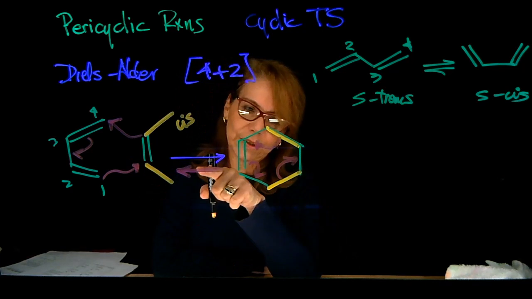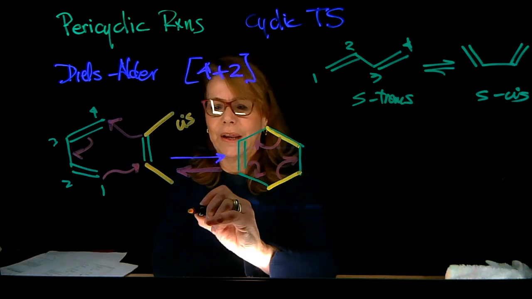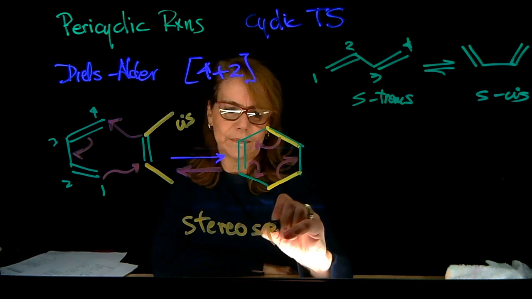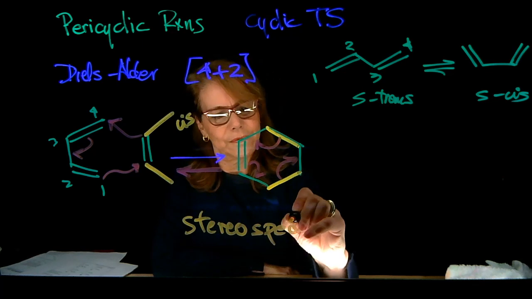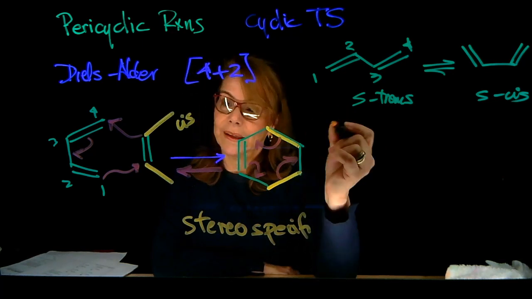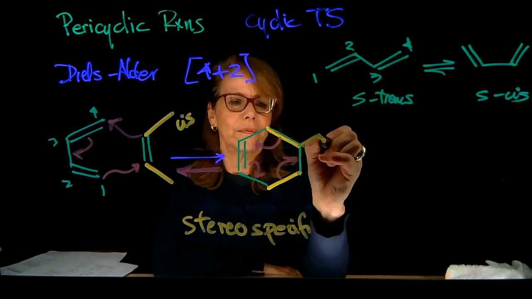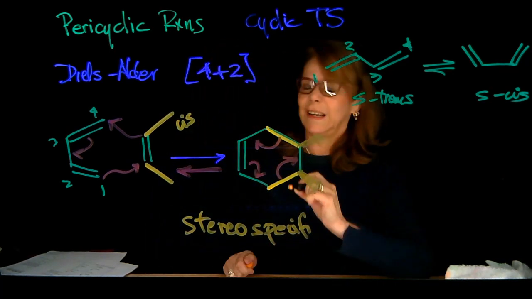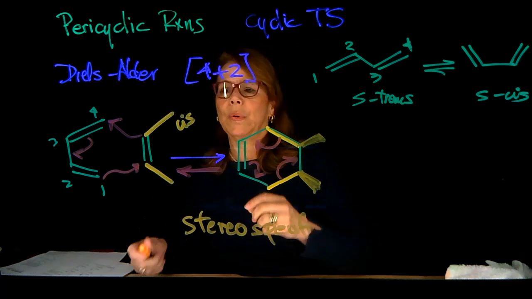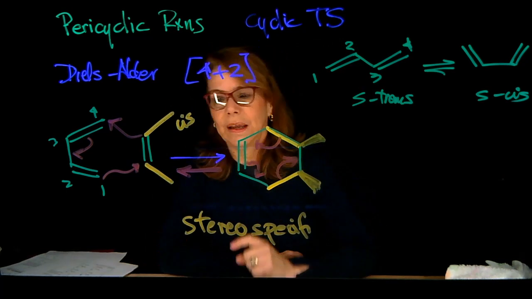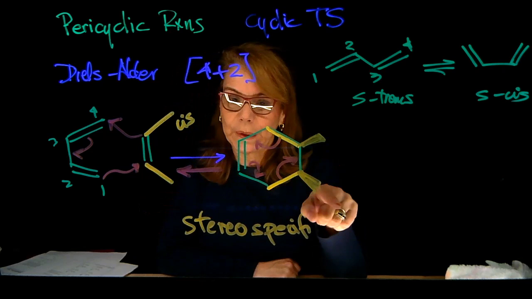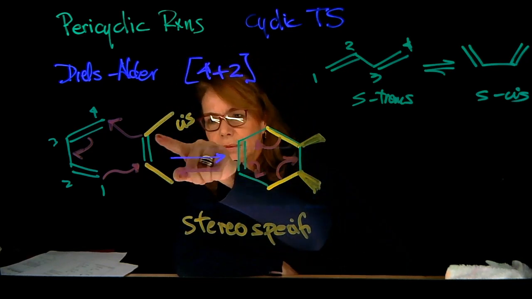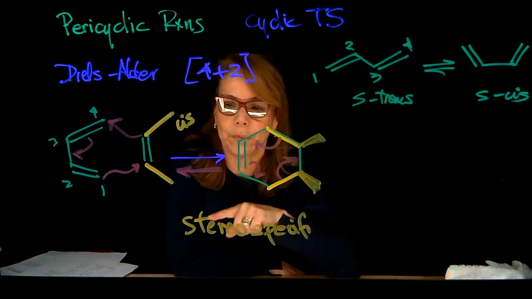So when the cycloaddition occurs, that reaction is stereospecific, meaning that the product will have these 2 on the same side. And again, what's important is that this is kept. If this was trans, they would be on opposite sides. Now, in this compound, notice that we have a change in hybridization from sp2 to sp3.